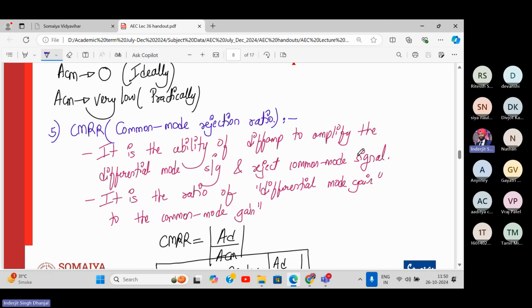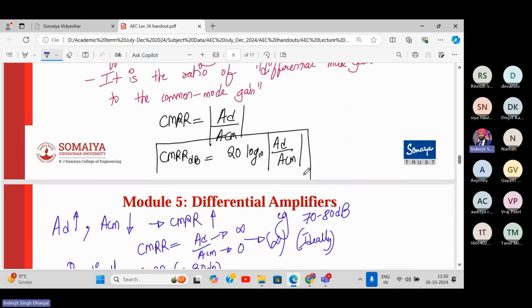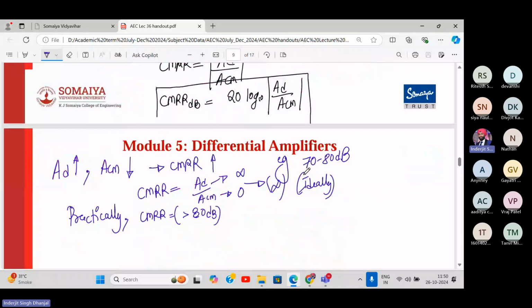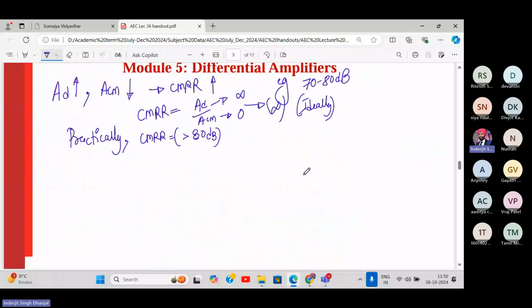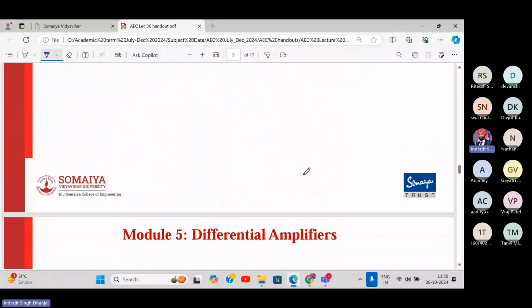So it's basically a figure of merit for a differential amplifier. A very good differential amplifier will have a high value of CMRR, whereas a not so good amplifier will not have a very good CMRR. Okay, so we have completed the five definitions related to differential amplifier.